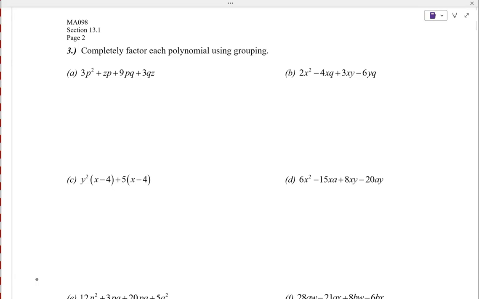Yeah, I'll be right there. Yep, so if you pull out the negative, so take a negative sign out of each of them, you're going to be left with it there.